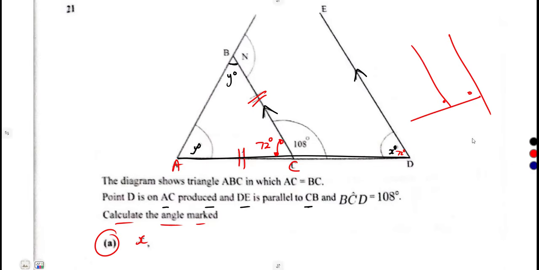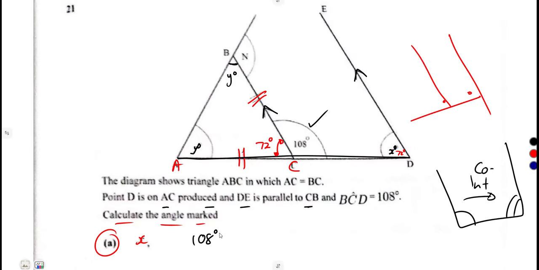Or you can calculate it using co-interior angles, where we form a C or a U shape inside the parallel lines. These are co-interior angles which add up to 180. So the angle of 108 plus angle x should give us 180 degrees. That is co-interior angles.